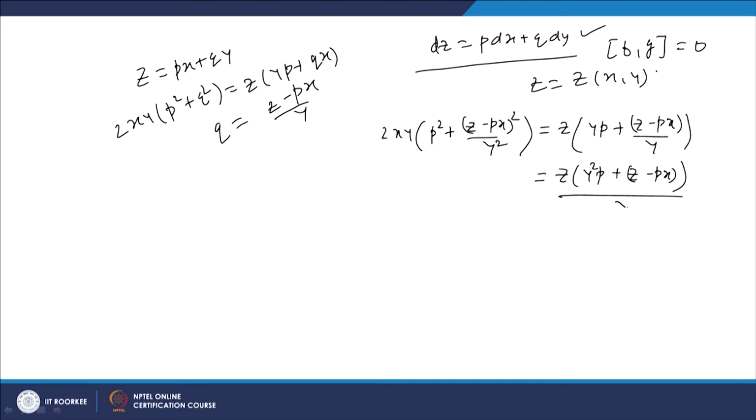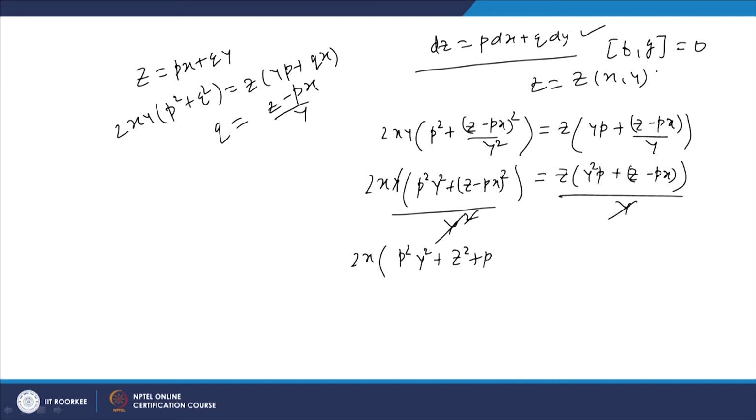Here again we can write 2 x y, it is p square y square plus (z minus p x) whole square, and we have y square. Now, y cancels here and y cancels here. So, we can simplify further: we have 2 x, inside it is p square y square plus z square plus p square x square minus 2 z p x, equal to z y square p plus z minus p x.